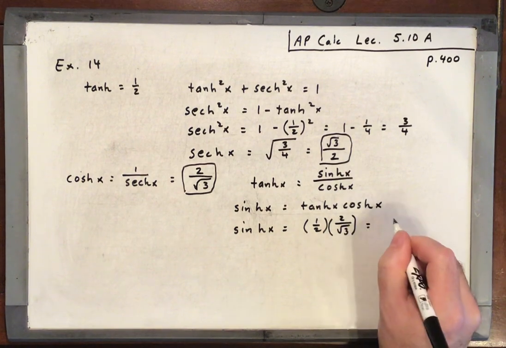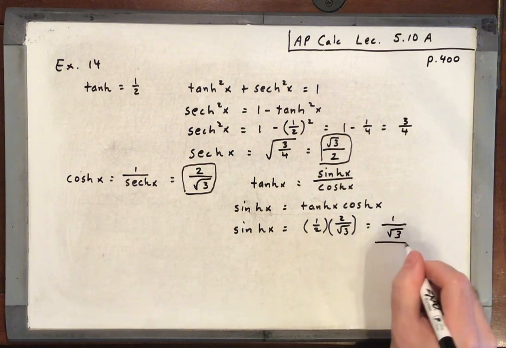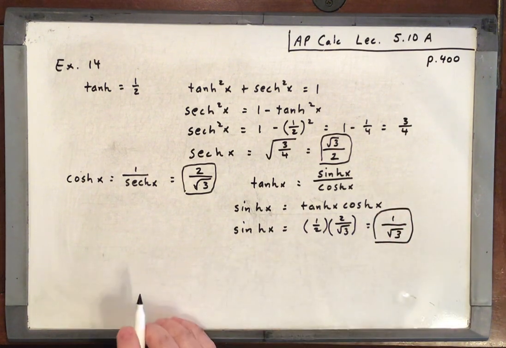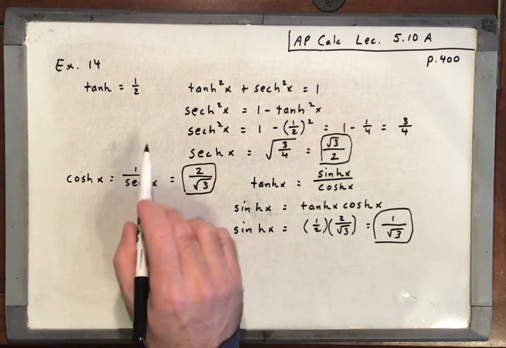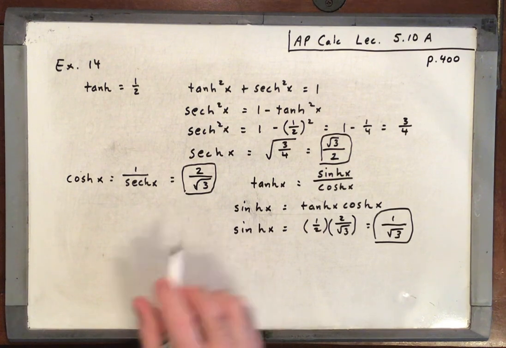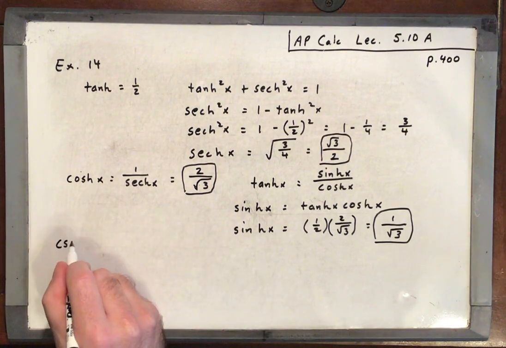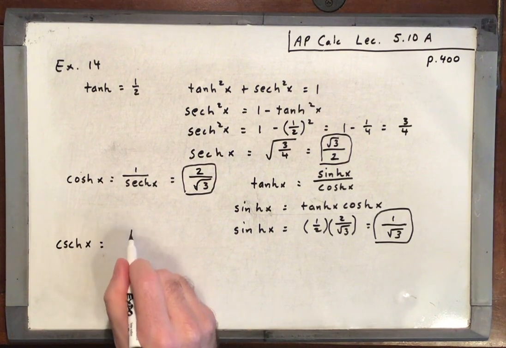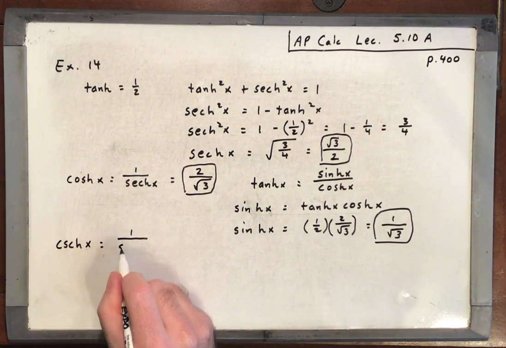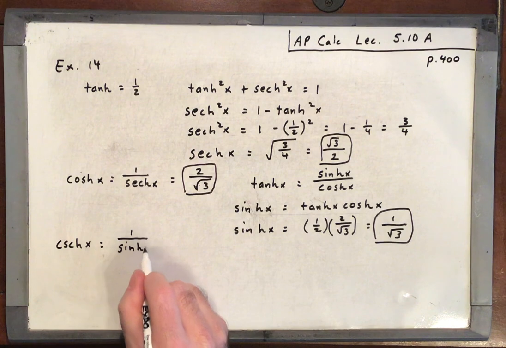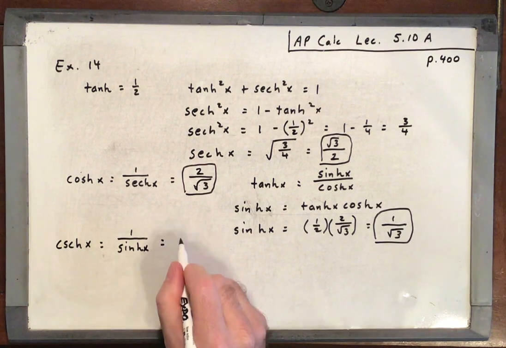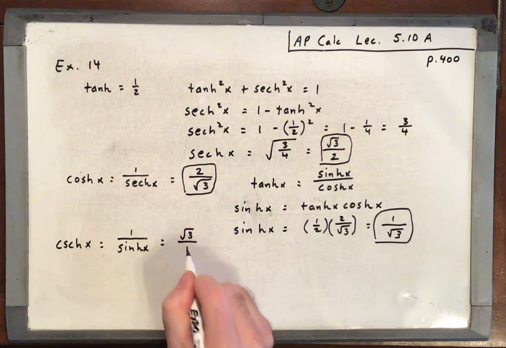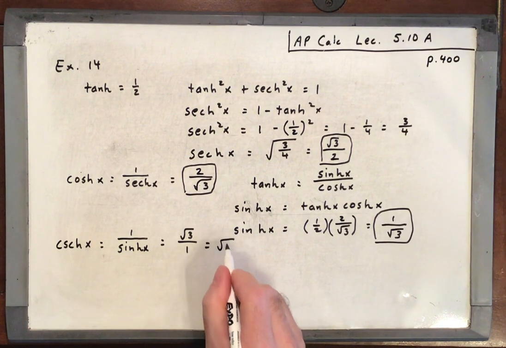The 2's cancel out, and you would have 1 over the square root of 3. So now we've got 3 of the 5 that we need. Hyperbolic cosecant is really easy because we're just going to flip hyperbolic sine. So that's going to be square root of 3 over 1, which most people would call the square root of 3.